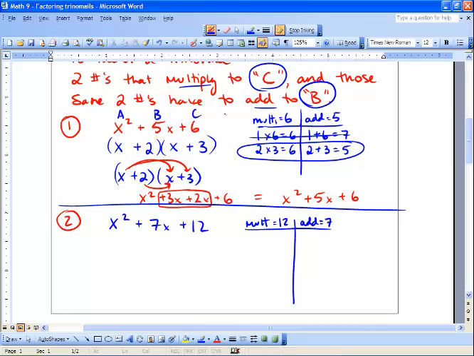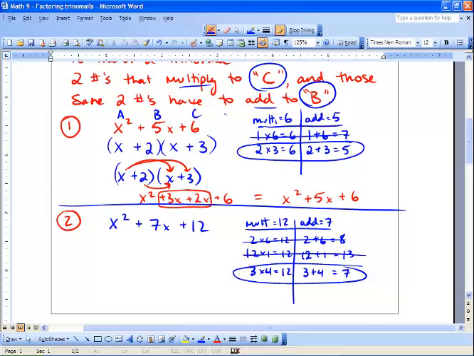Let's try a couple. 2 times 6 equals 12, but 2 plus 6 is 8, so that doesn't work. What about 12 times 1? That equals 12, but 12 plus 1 equals 13. That doesn't work. What about 3 times 4? That equals 12, and 3 plus 4 equals 7. Look, 3 and 4 are our factors for this trinomial.